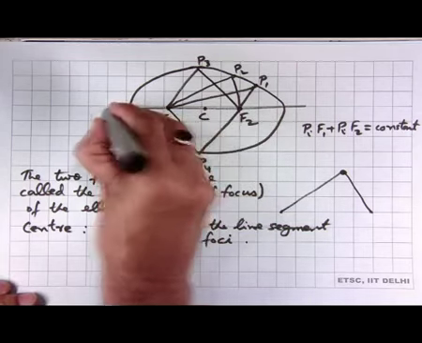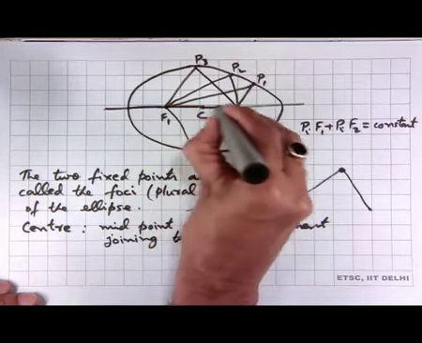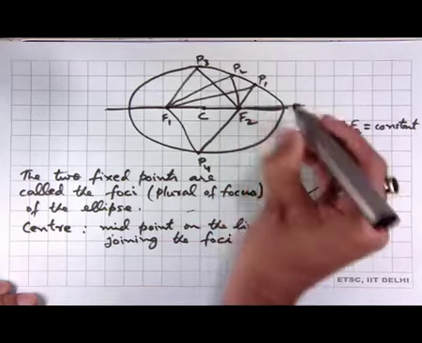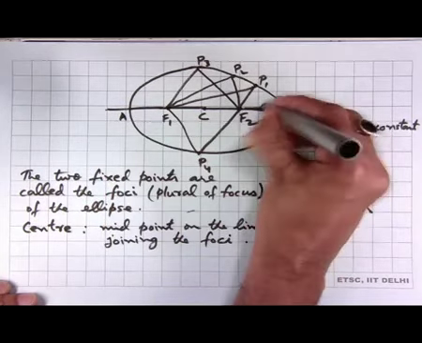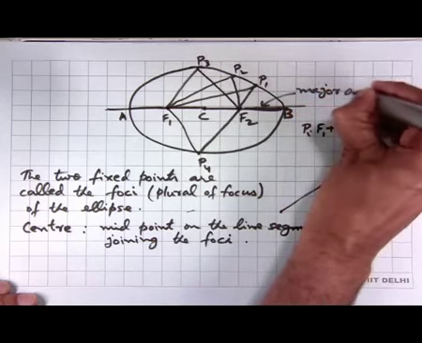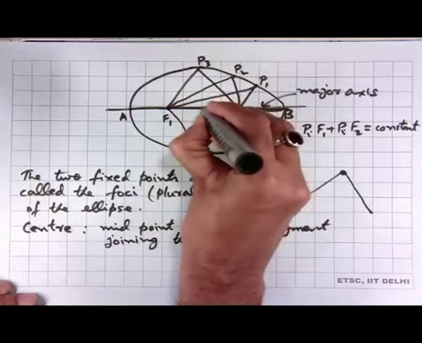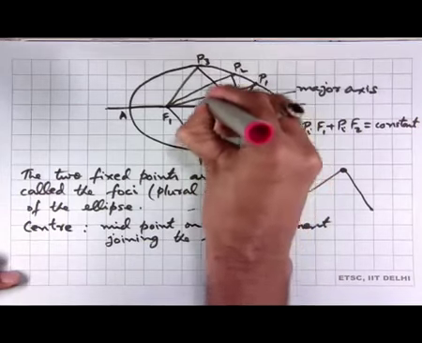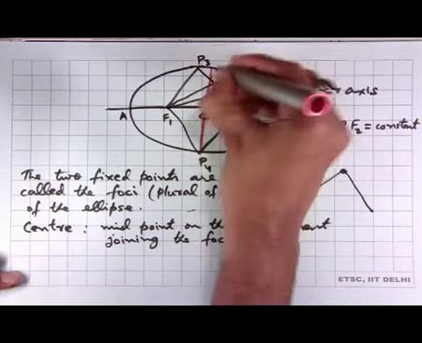Also, if I look at the line passing through these two foci, let me call the ends A and B, this is called the major axis. And the line segment which is perpendicular to the major axis and passing through the center is called the minor axis.